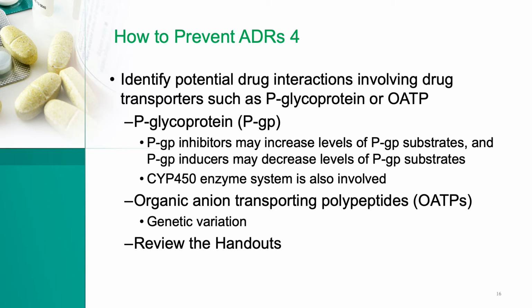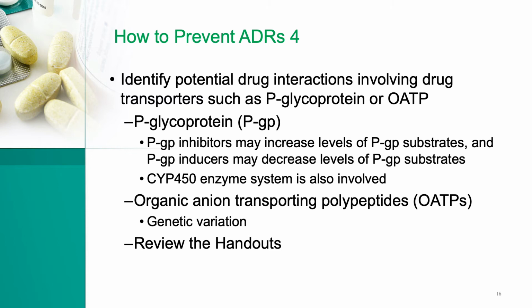There are two main families of drug transporters. One is comprised of P-glycoprotein. P-glycoprotein is found in the gut, liver, kidney, blood-brain barrier, and cancer cells. It pumps drugs out of cells and into the gut, bile, and or urine for excretion.